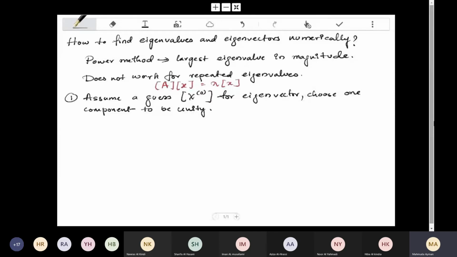And then the second step will be, we'll find another vector y1, which we get when we multiply the matrix A times x0, the initial guess.